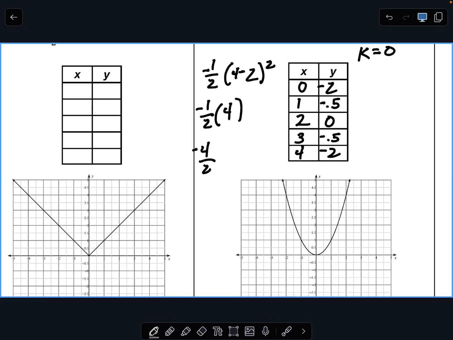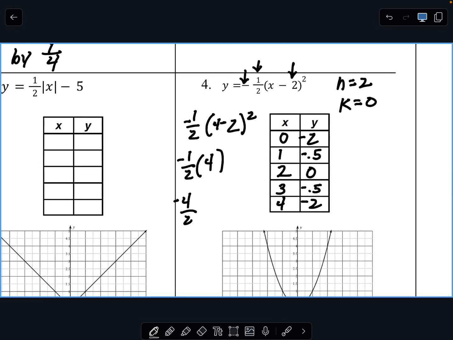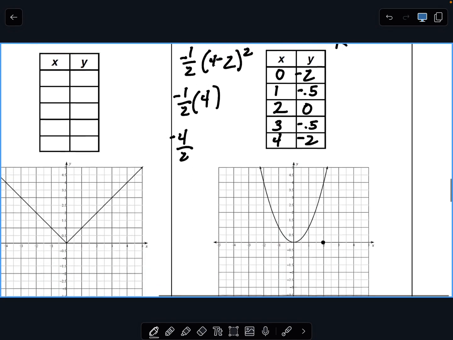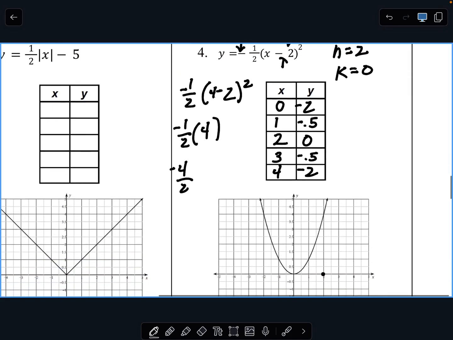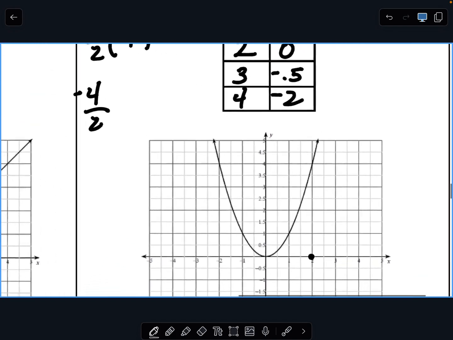So my vertex is now at 2, 0. As you can tell, we moved 2 to the right because of this H right here. Okay, see how it automatically did that? Okay, so at 1 and at 3, I'm going to be about halfway.